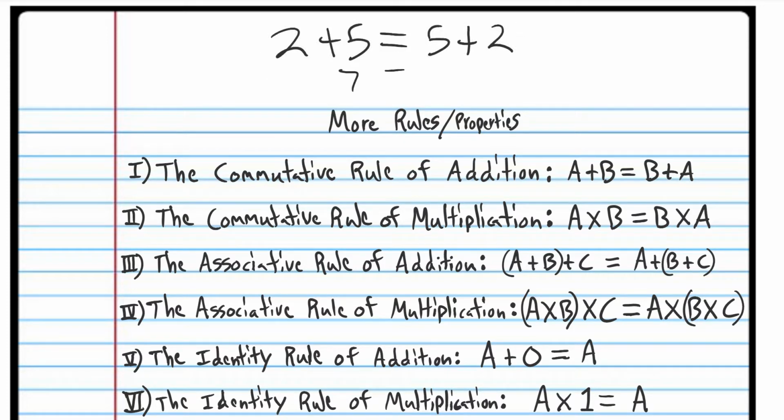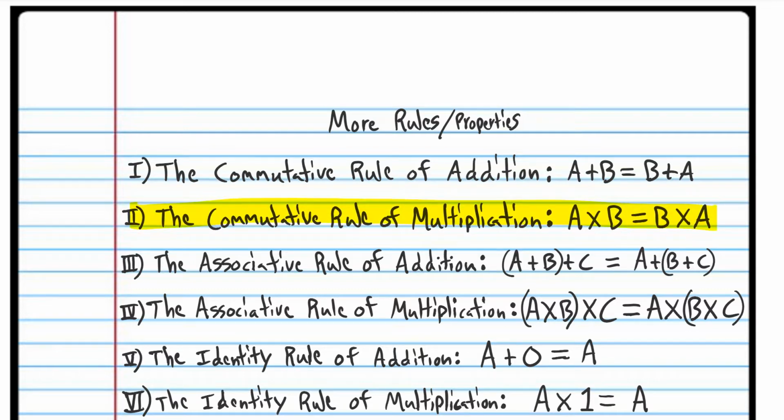They're equal. They're both 7. That's the commutative rule of addition. And we have the same rule for multiplication, the commutative rule of multiplication. That means 7 times 5 equals 5 times 7. So commutative means you're changing the order of something.